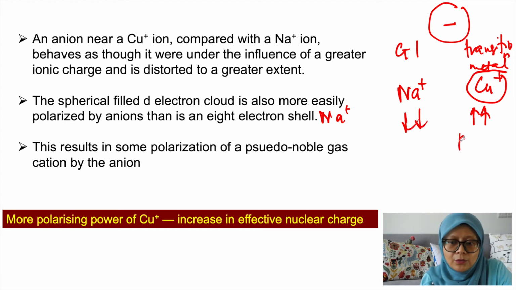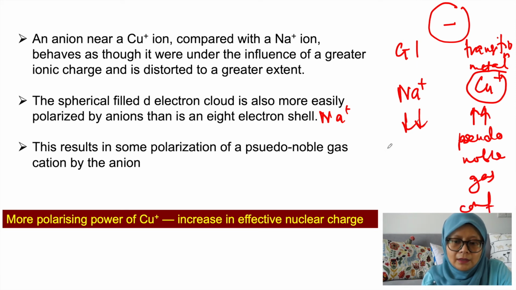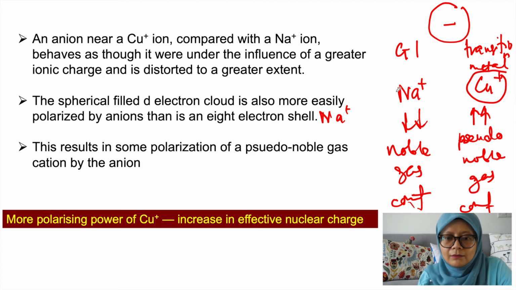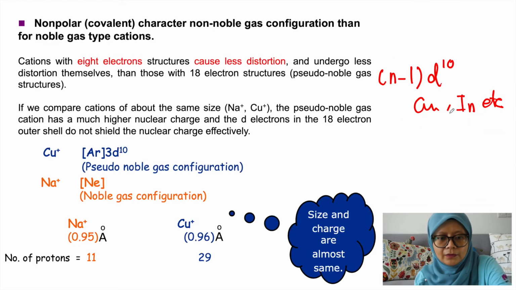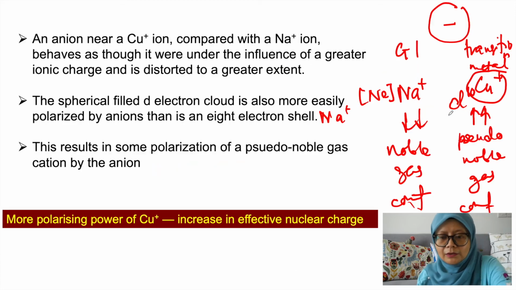Because of the pseudo noble gas configuration, while this one has the noble gas configuration. This one has the Ne electron configuration, while for copper we have d10, the Ar 3d10.